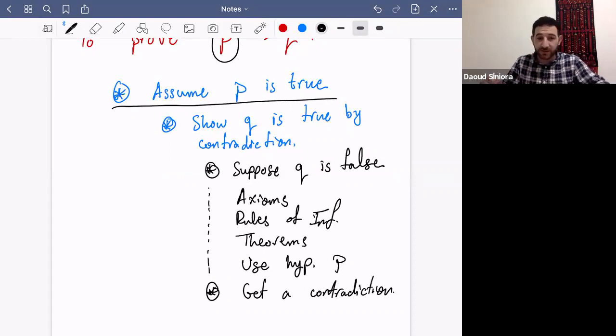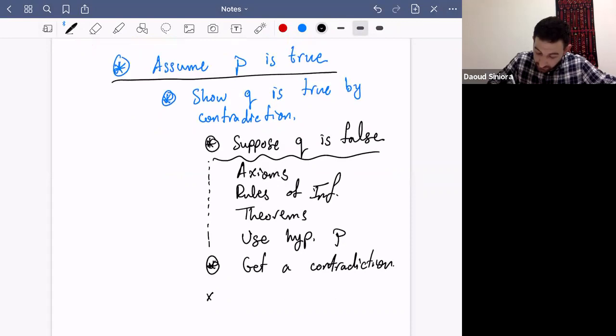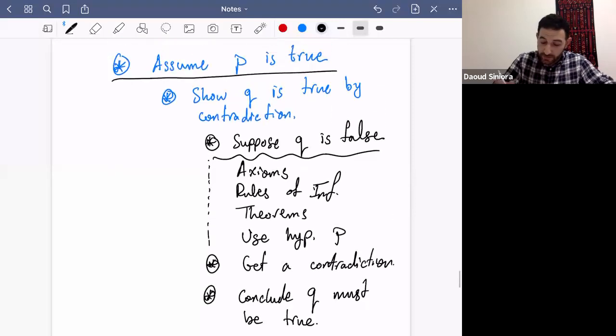Once we get a contradiction, this means that our assumption that Q is false is not correct. So Q must be true. Now conclude that Q must be true. So what happened here?